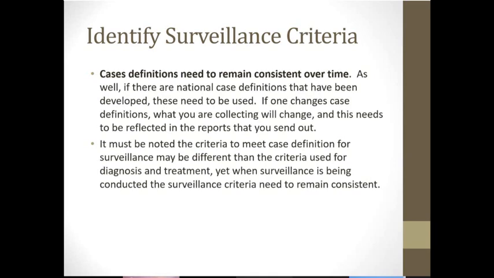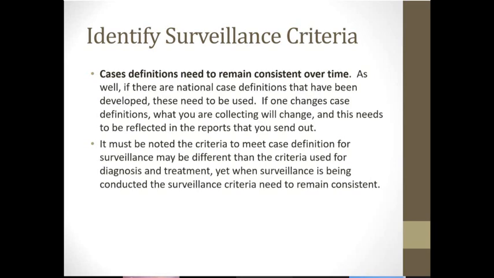Oh, and the second bullet here is really important. The criteria used for making a diagnosis and treatment is quite different sometimes than the surveillance criteria. For a doctor to determine whether or not a respiratory infection is happening, he may just look at a person and determine that based on the presentation that the patient is showing.